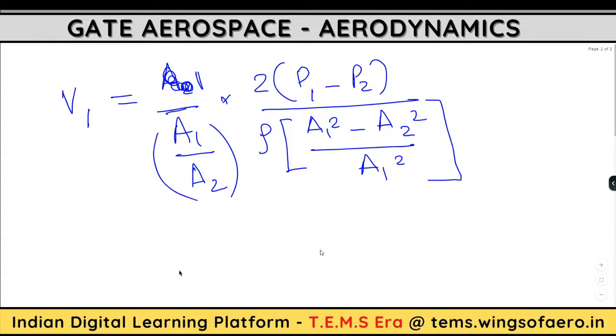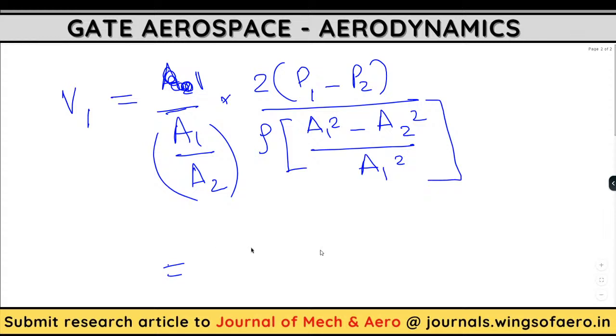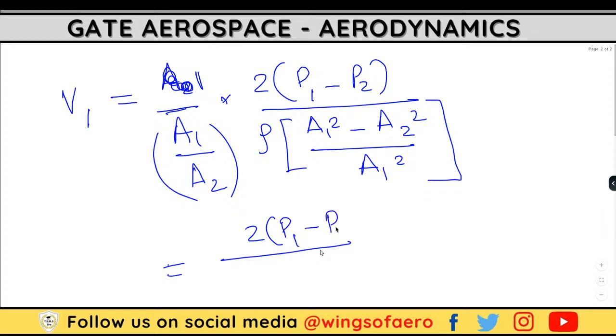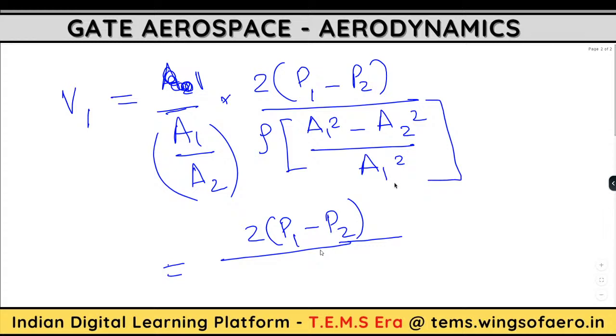Can I bring down this term over here? So twice of. So how can you simplify this equation again? Do you find any better solution than that? Simplify this equation.